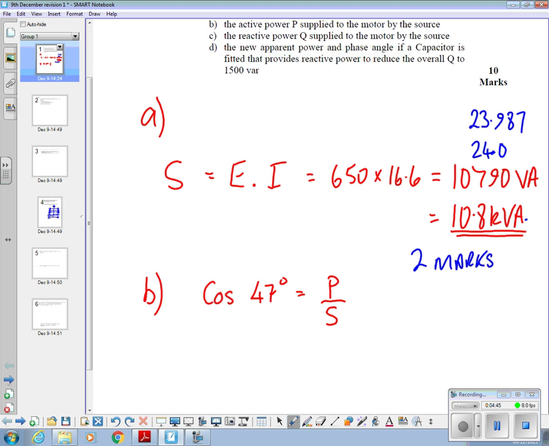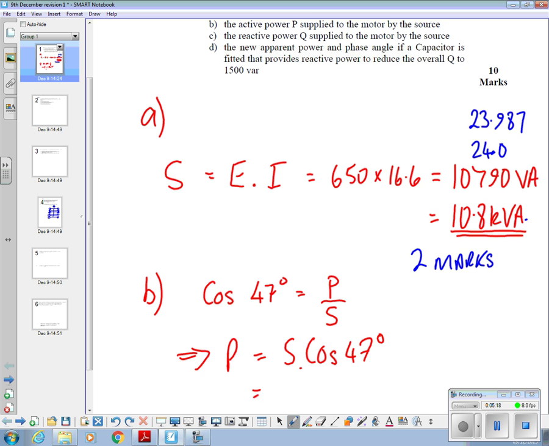And then I'll rearrange that to cos 47 degrees times 10,700. Yeah, so you rearrange that to, sorry, P equals S cos 47 degrees.